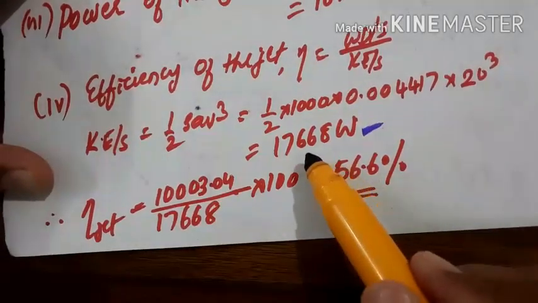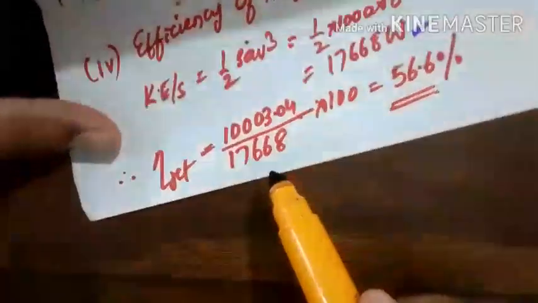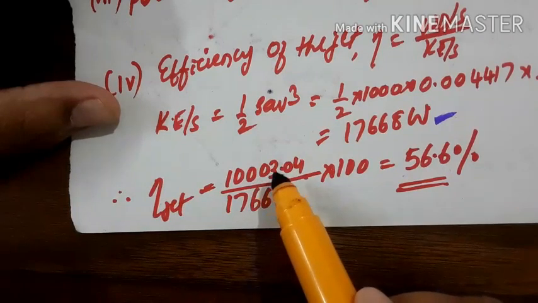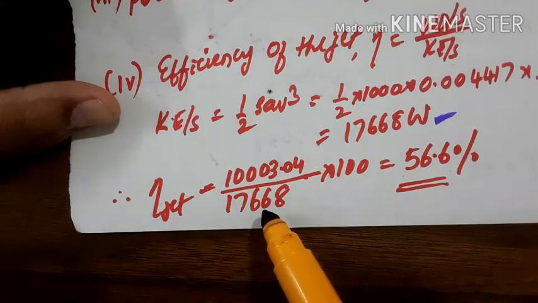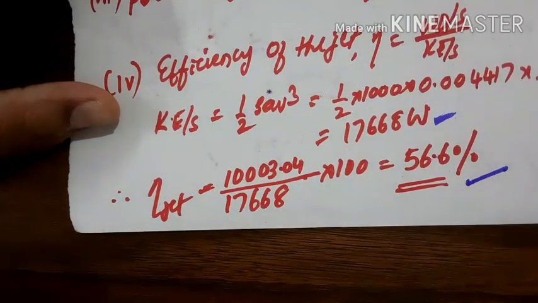So we get 17668 watt. Then finally the efficiency will be 10003.04 divided by 17668 into 100, we get the efficiency of the jet as 56.6%.